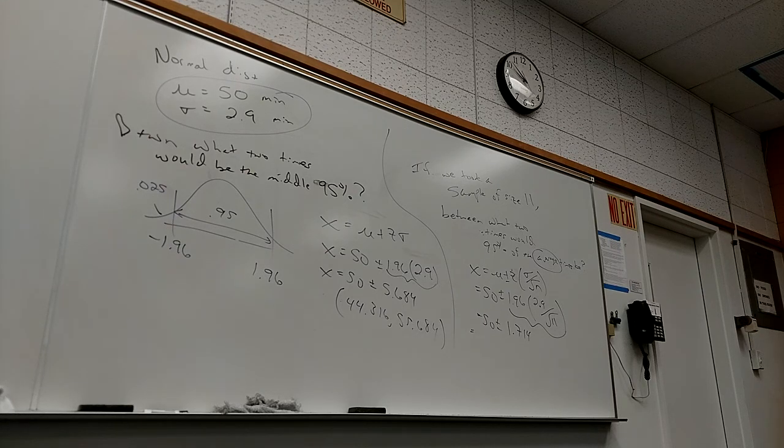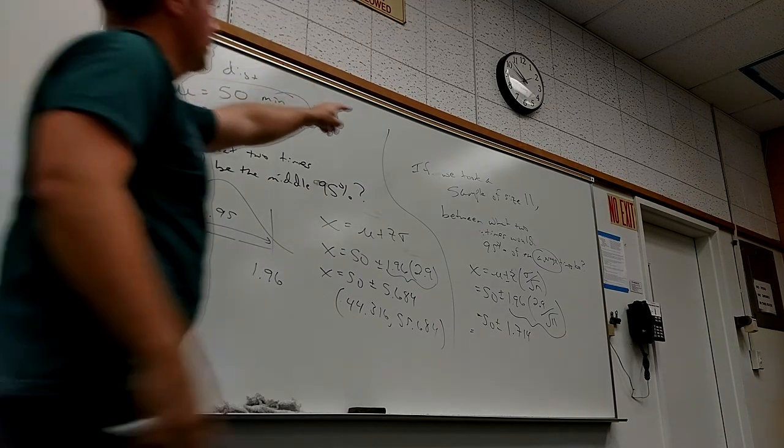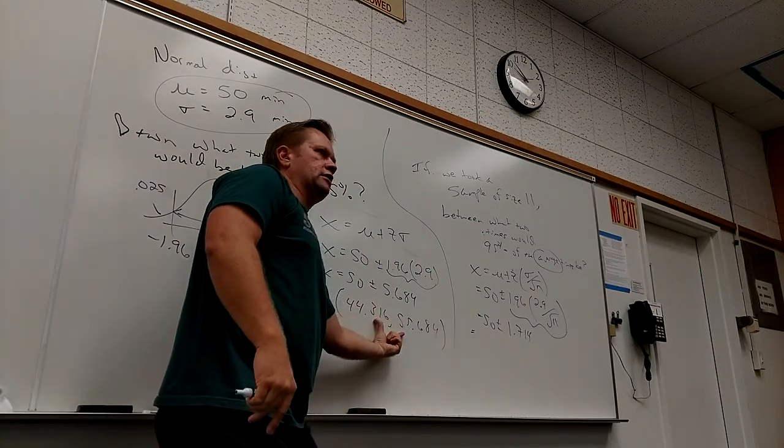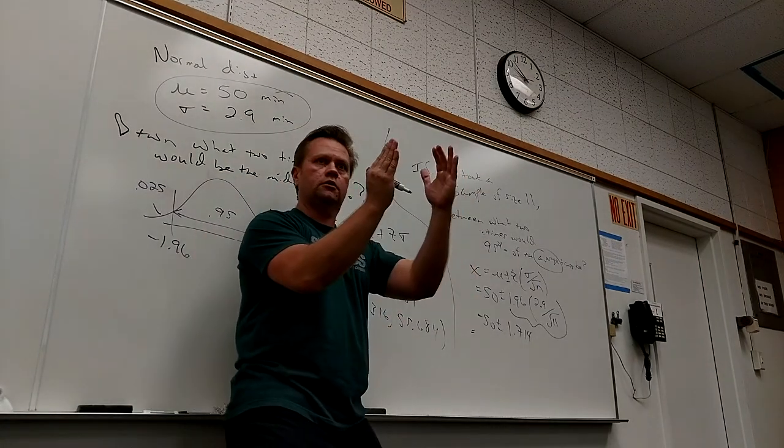If I took random groups of size 11, now it's going to be even harder for their averages to be that far away. They should be contained in a smaller interval. This is the idea: if I take a group, the interval that catches 95% is going to get smaller. Why?